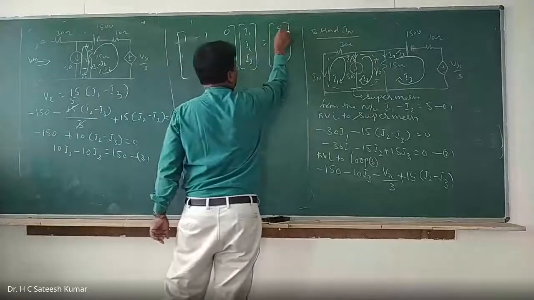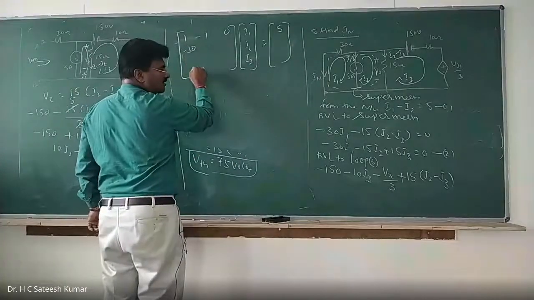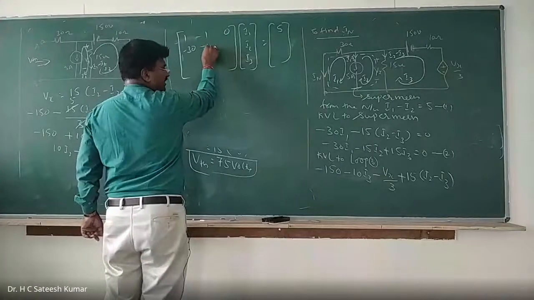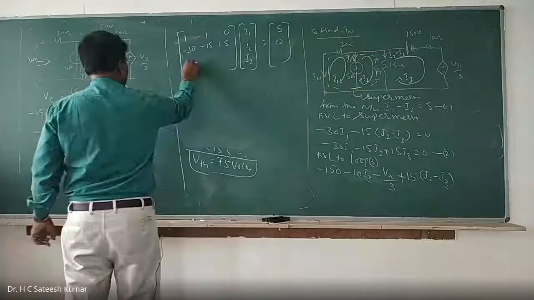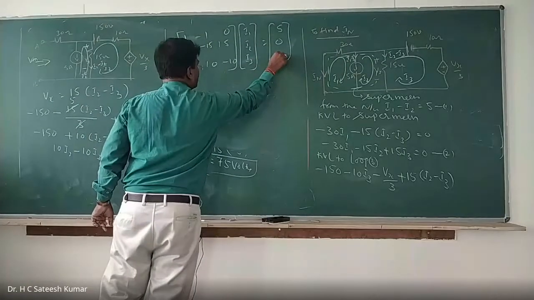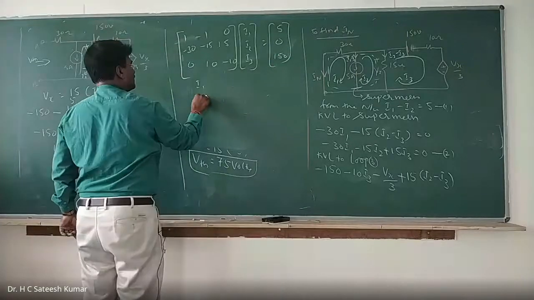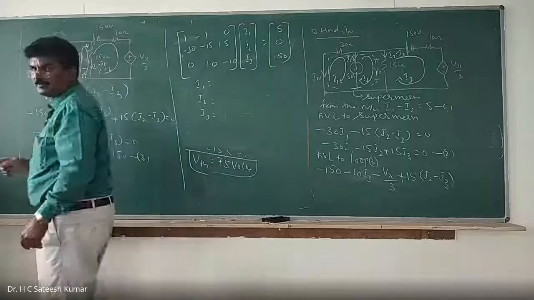Right hand side is 5. Second one, minus 30, minus 15, plus 15, 0. Third one, 0, 10, minus 10, 150. I1, I2, I3. Tell me now.